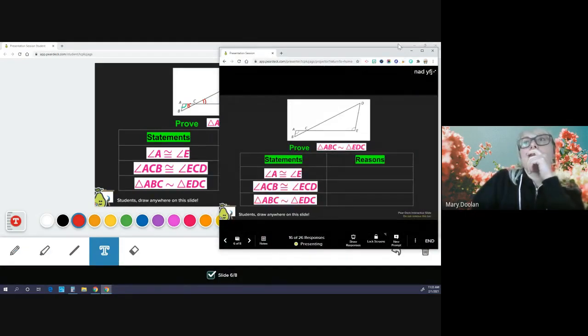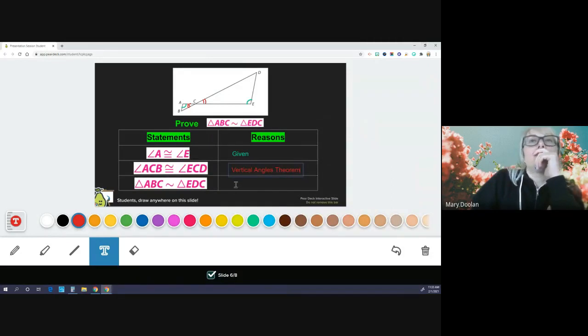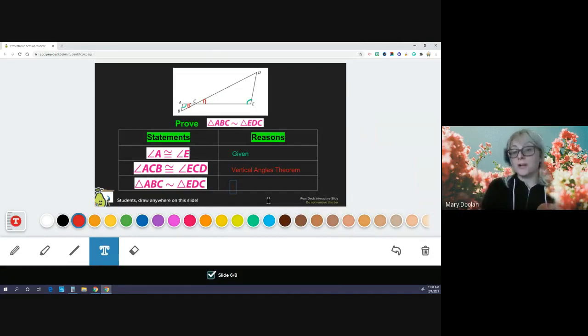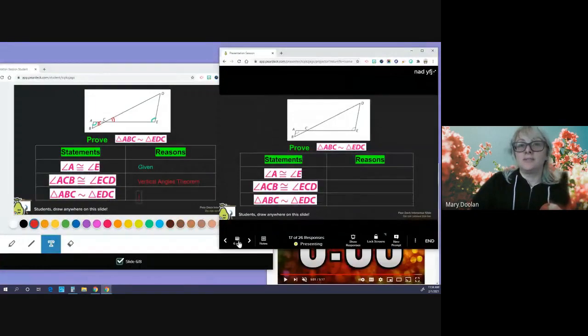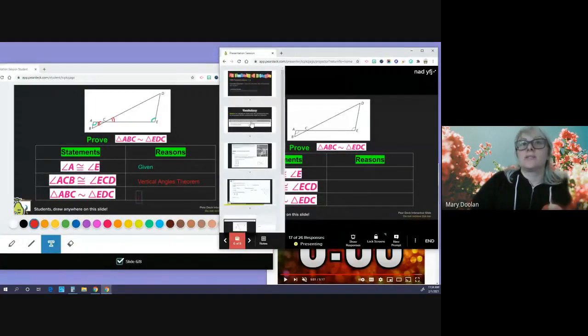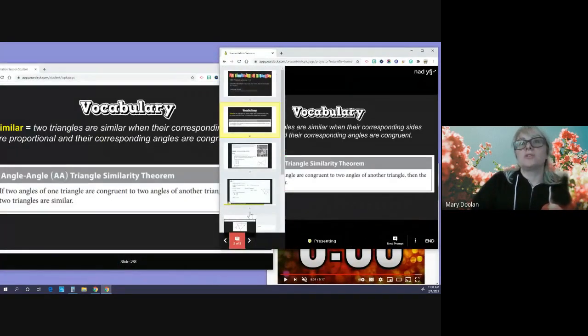And then we have one more thing to fill in. We've now shown that there are two pairs of congruent angles, right? Angle A and E, and angle ACB and ECD. And they're marked in my picture. Once you have two pairs of congruent angles, how is it that we know the two triangles are similar?